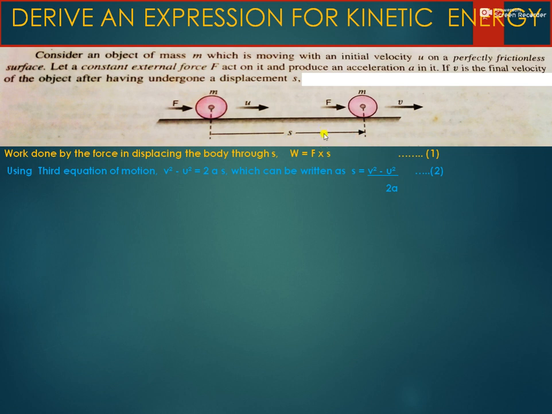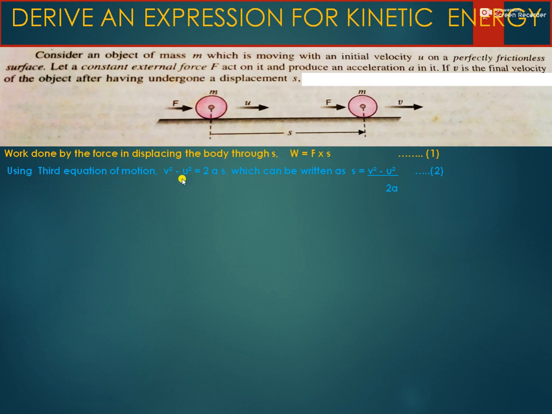Now here you just concentrate on two quantities, force and displacement. We have to find a quantity which can be written in place of F and s. For F we know the second equation, and in place of s we have to write something.